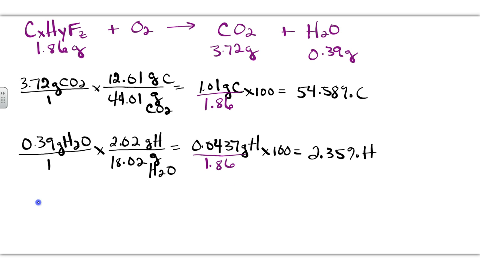To determine our amount of fluorine, we take 100% minus the 54.58% of carbon minus the 2.35% of hydrogen, and that equals 43.07%.